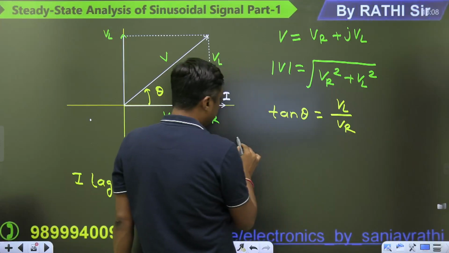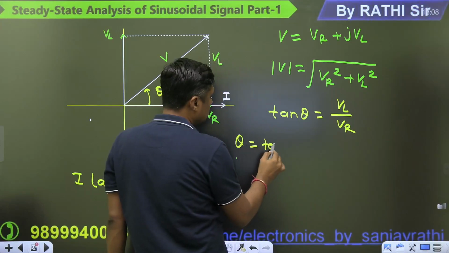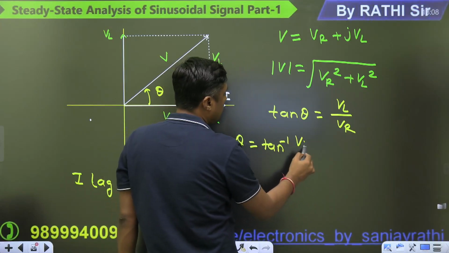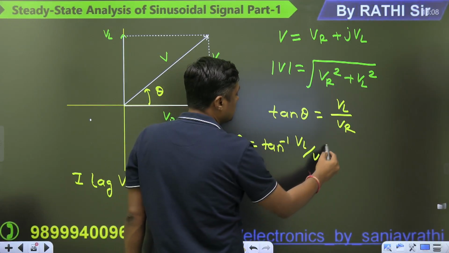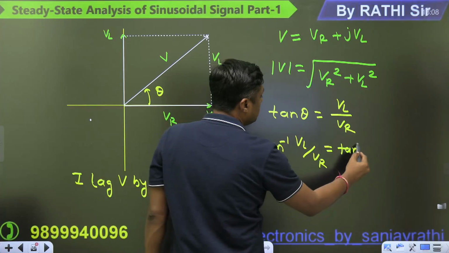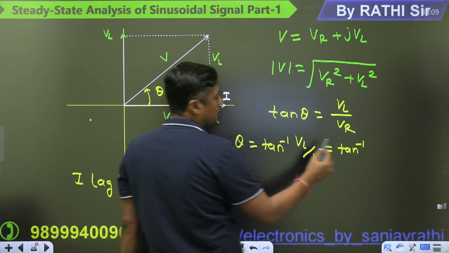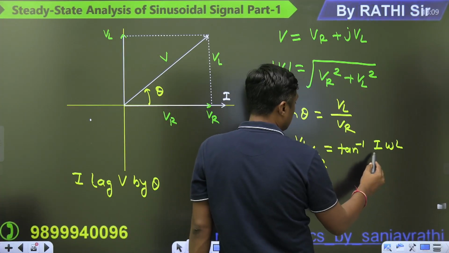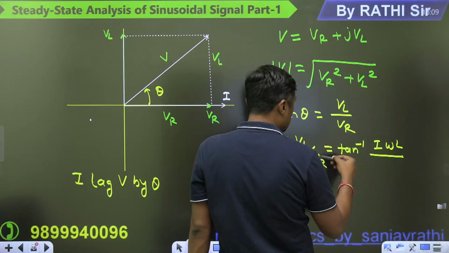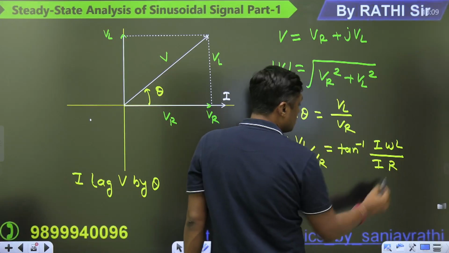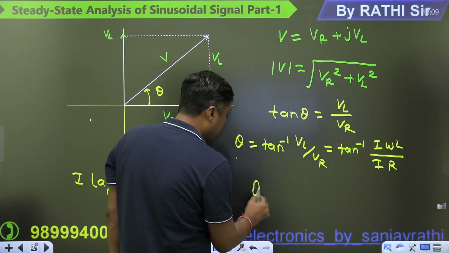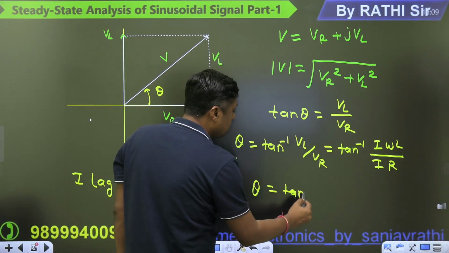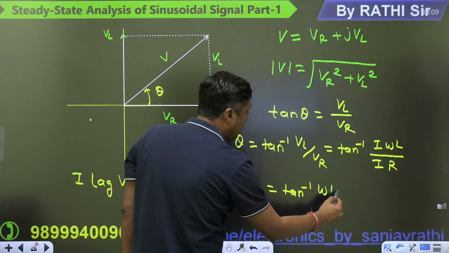So you can write theta is equal to tan inverse of VL by VR. What is the VL? I into omega L. And what is VR? I into R. And that's why theta will become tan inverse of omega L by R.